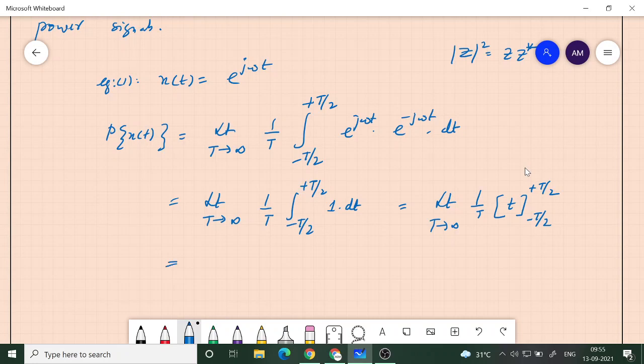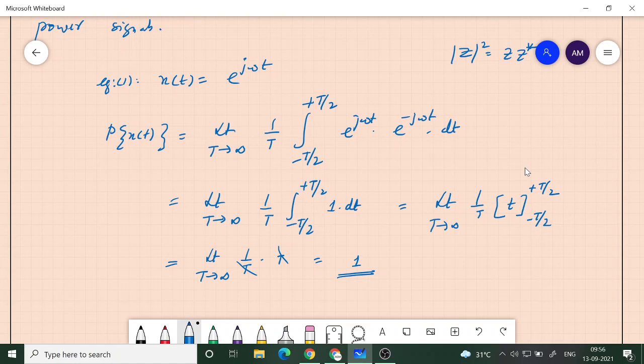We put the limits: plus T by 2 minus minus T by 2, or in other words 2 into T by 2, or T. So it's limit T tends to infinity 1 by T into T. Then T cancels, so it is equal to 1. So the power is 1.